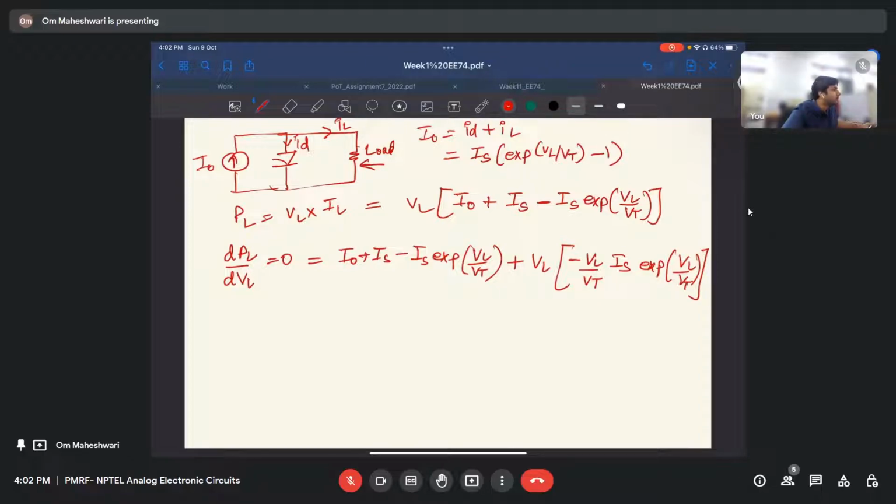Okay, next they have just rearranged, I think, plus IS equal to 0. And then 1 by VT. So, sorry, it will be minus 1 by VT.